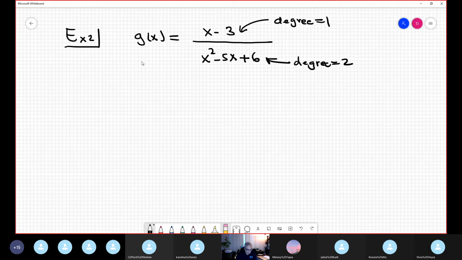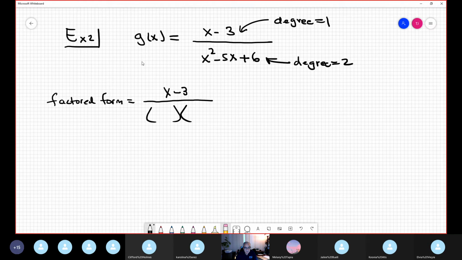And what about factoring? On the top we cannot do anything, unfortunately, but on the bottom, yes. The factorization is obvious, 3 and 2, because 3 times 2 is 6 and 3 plus 2 is 5, both negative. Wow, look at that.